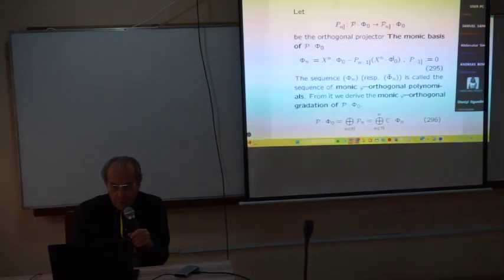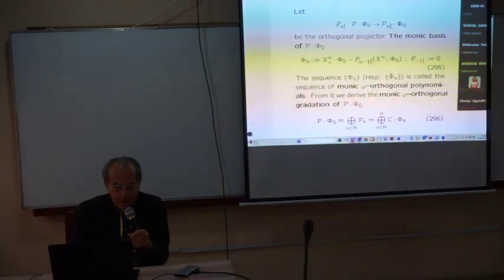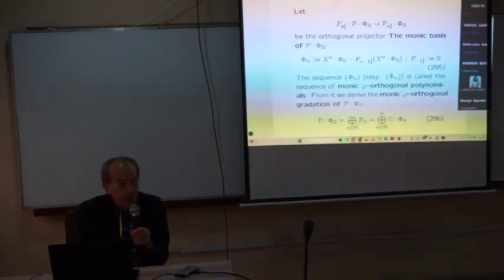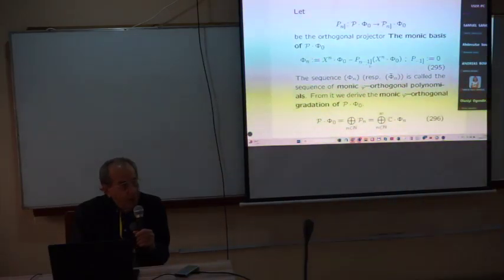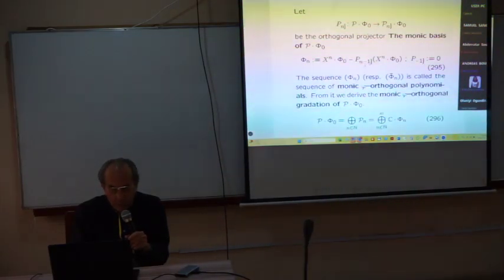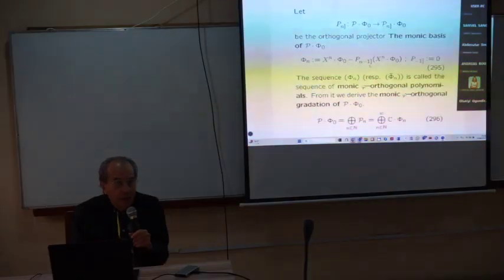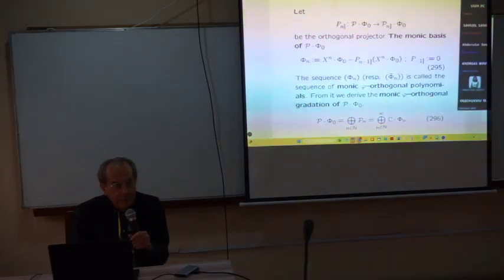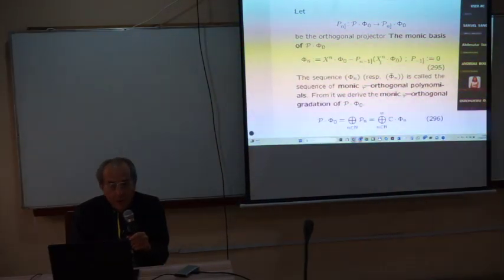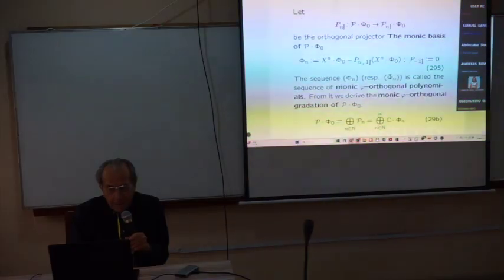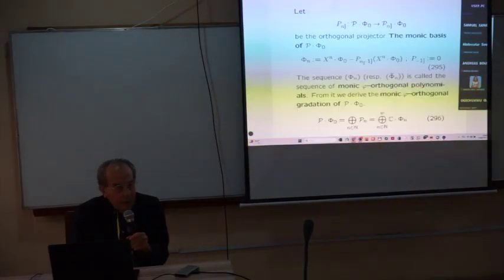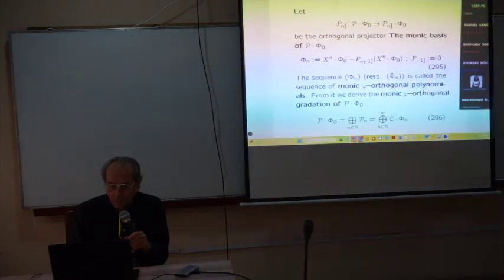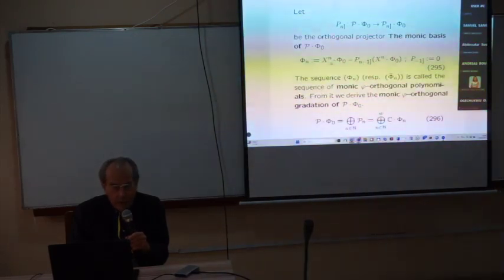You see, why is this the highest coefficient? Because by definition, I am projecting on the subspace of polynomials of degree less or equal than n minus 1. So I start with a monomial of degree n, but I obtain a polynomial of degree n minus 1. Okay? So that is why this is the highest coefficient.